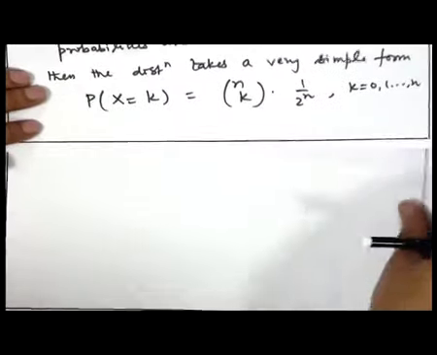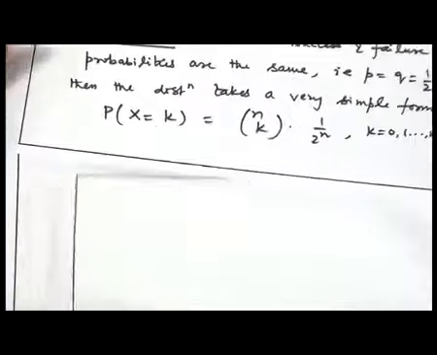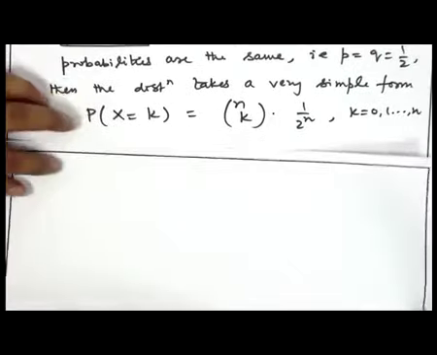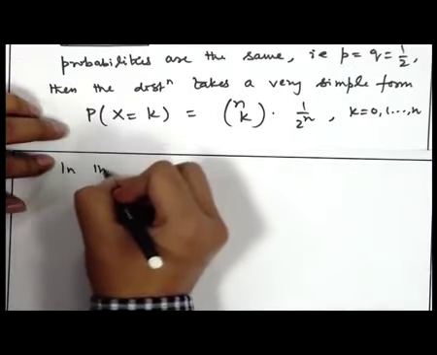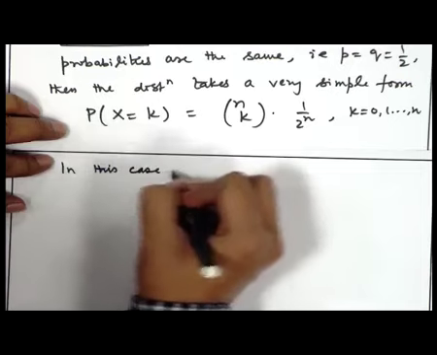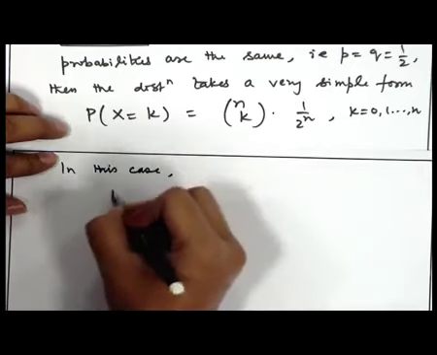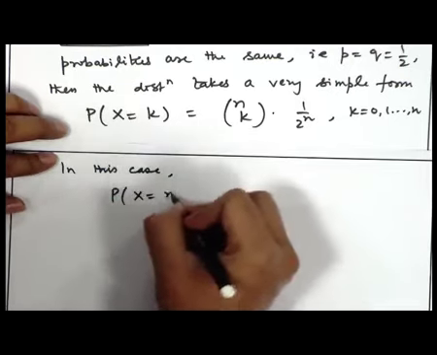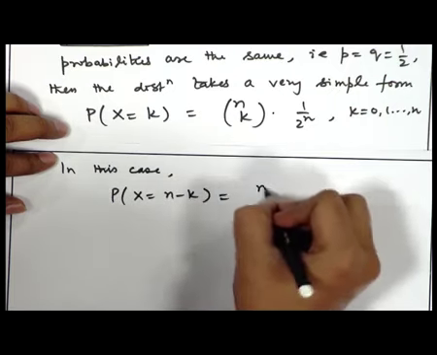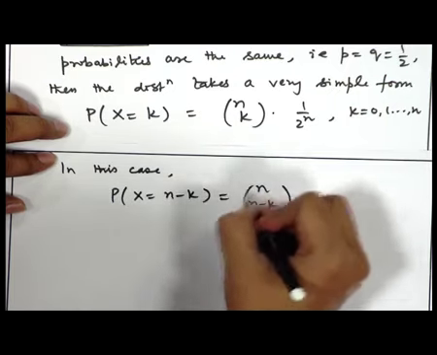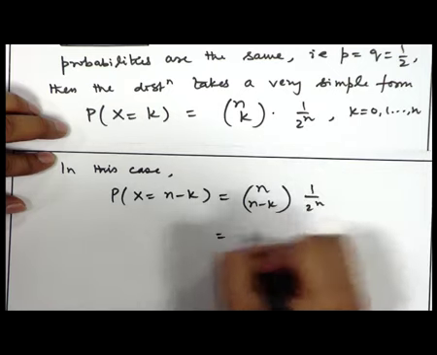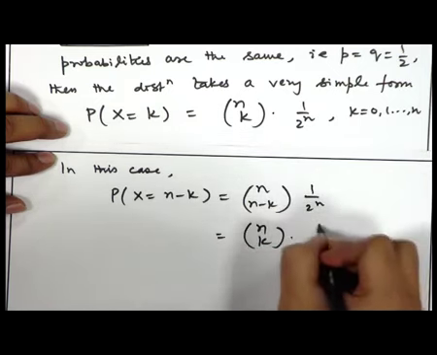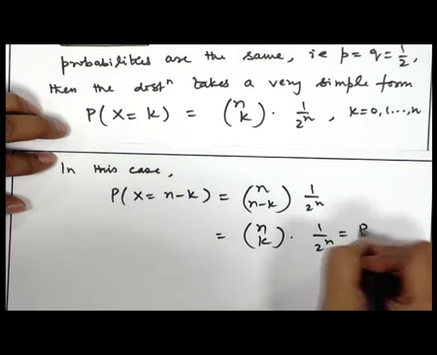In this case, if you look at the plotting here, if I consider probability x is equal to say n minus k, then that will be nC(n minus k) half to the power n, that is nCk half to the power n, that is probability x equal to k.